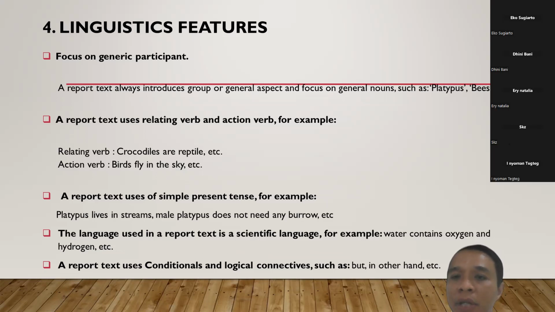For example, as you can see here, water contains oxygen and hydrogen, or maybe other chemical substances, like carbon monoxide. Maybe the gas contains carbon monoxide and carbon dioxide, like that.